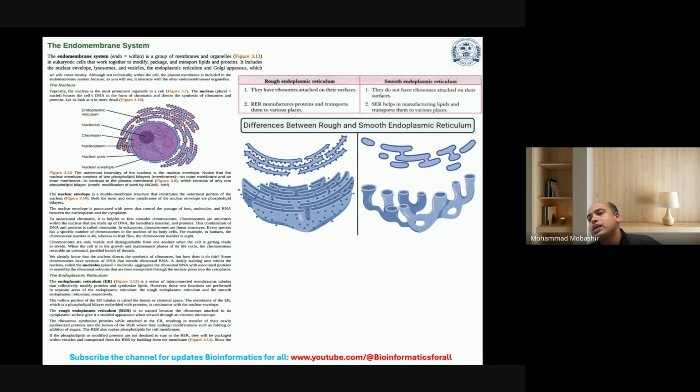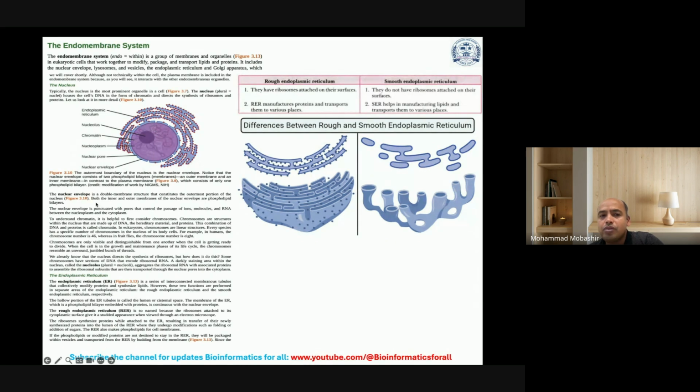Nucleoplasm is just like cytoplasm, where cytoplasm is the liquid part inside the cell. Similarly, nucleoplasm is present inside the nucleus. Now, there are different definitions for all these components, and you can read them.